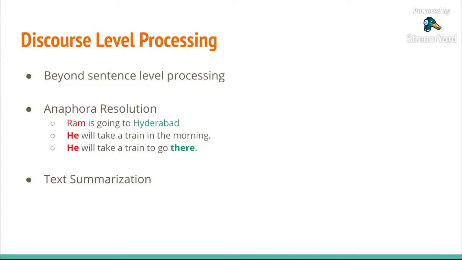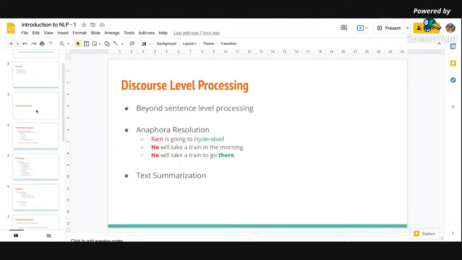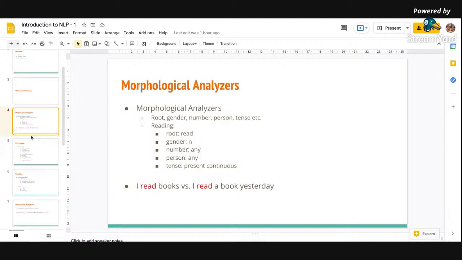Okay. So these are different levels of processing: word level, sentence level, and discourse level. As I said, in word level processing, morphological analysis is one of the basic steps. You try to identify morphological features, like the root of the word, and its gender, number, person, etc. This information can be useful in downstream tasks like identifying the tense, so that we can pronounce the words correctly.